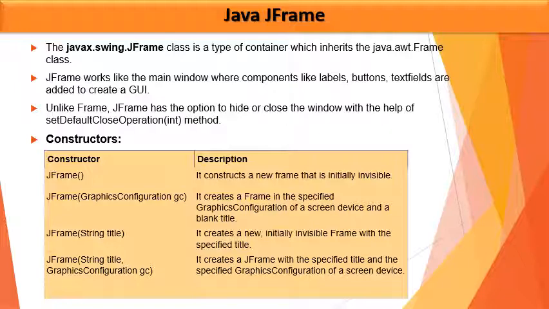It will create an initially invisible frame with the specified title. The next constructor is JFrame(String title, GraphicsConfiguration gc). Those are the parameters. This will create the JFrame with the specified title and the specified graphics configuration of a screen device. So these constructors we can use in JFrame.